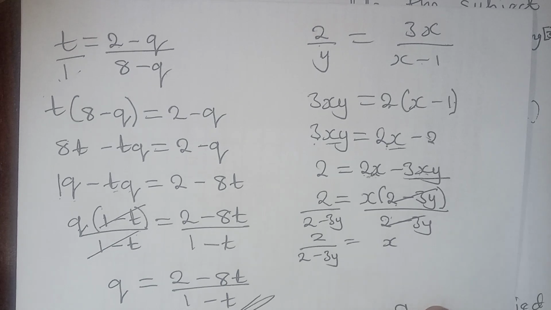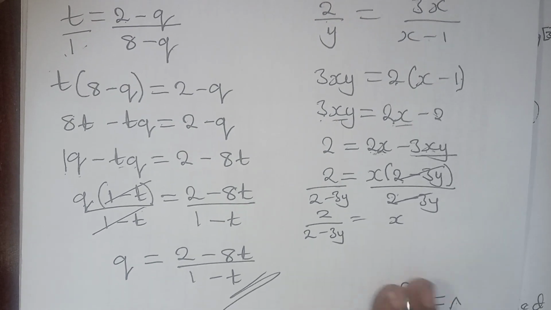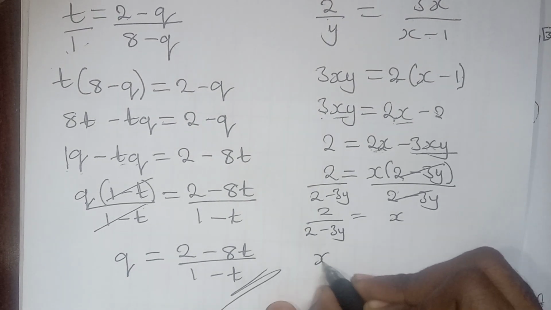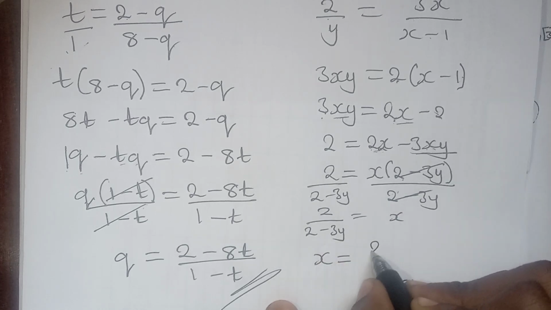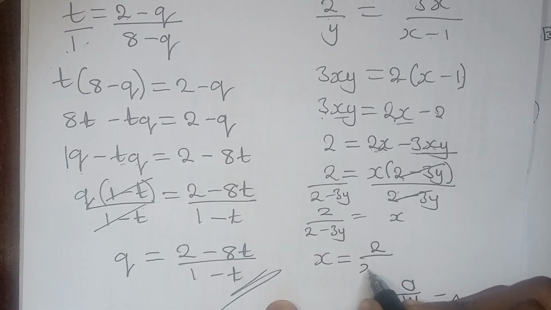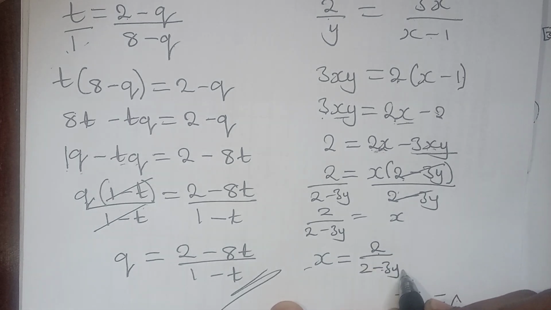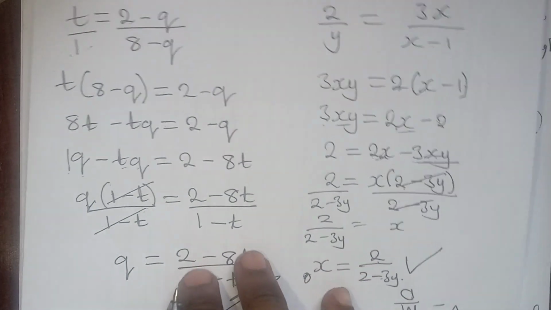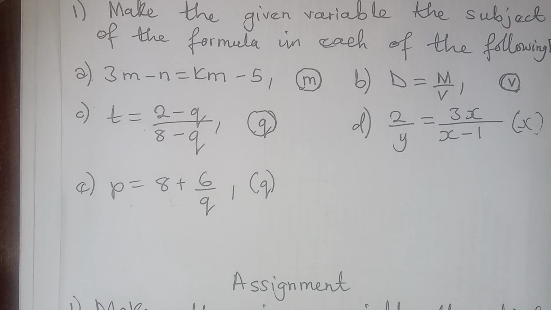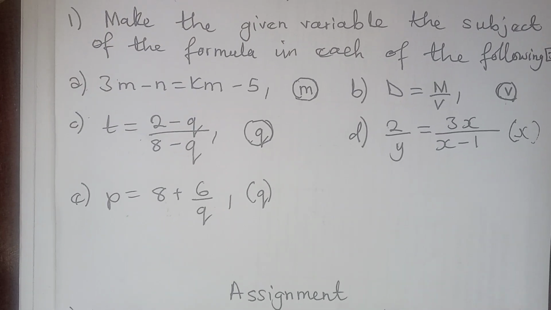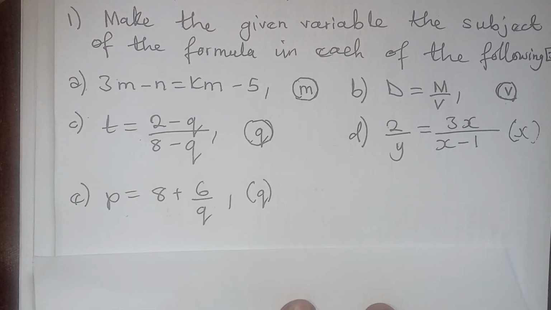So now at this point, you want to write your x this side so that you have x is equal to 2 over 2 minus 3y, like that. You're done.